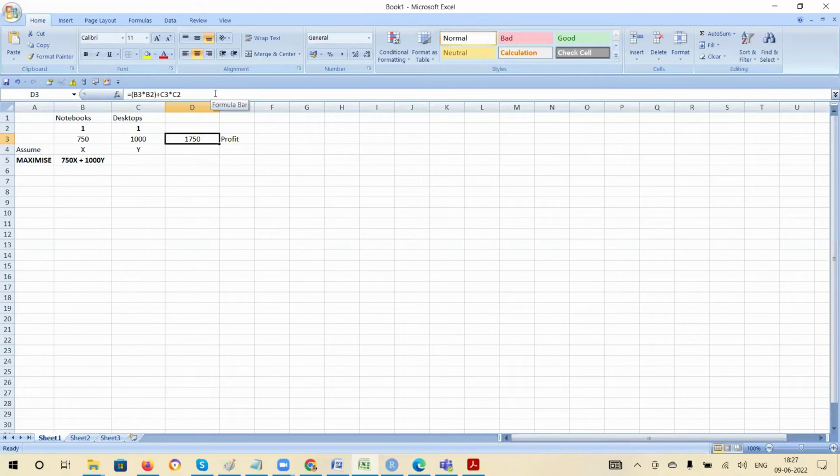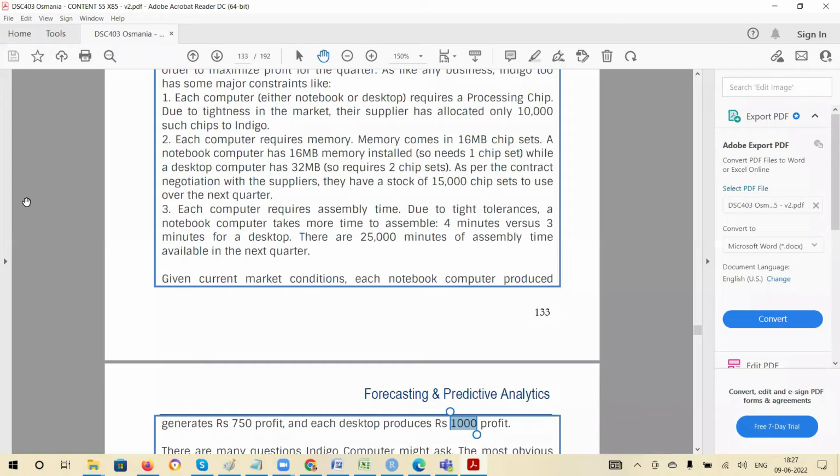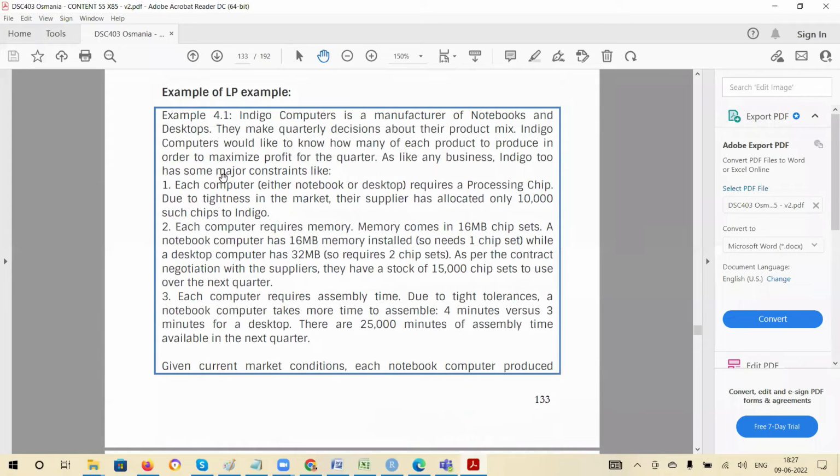So we have to look at the constraints. So what are constraints here? I think there are three constraints here. The first constraint, you see what it says: each computer requires a processing chip, and due to the problem in the market, only 10,000 chips are available.